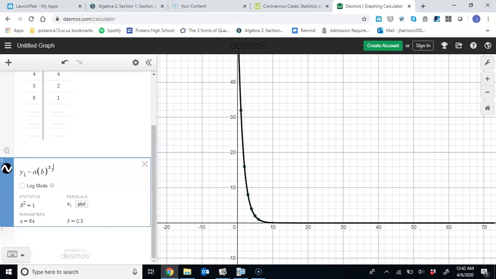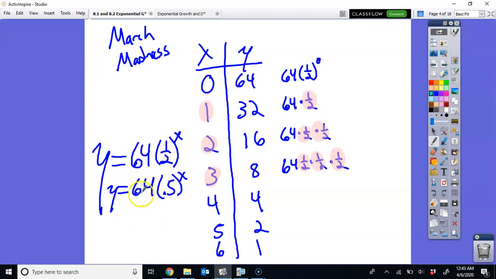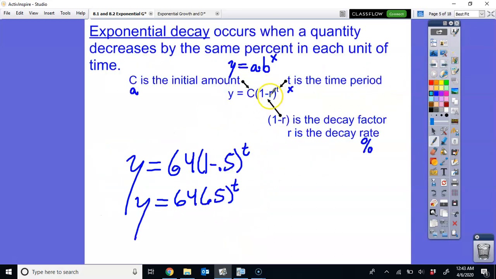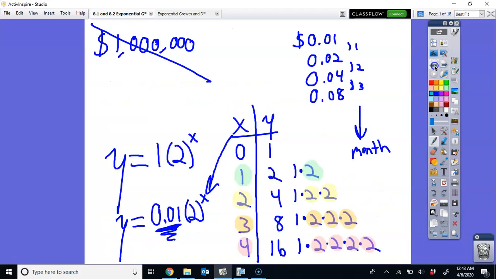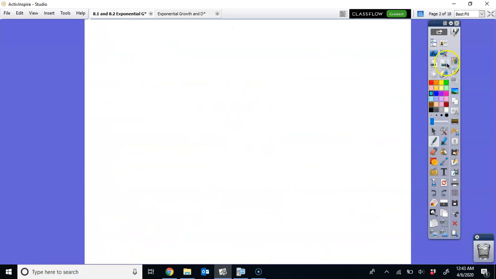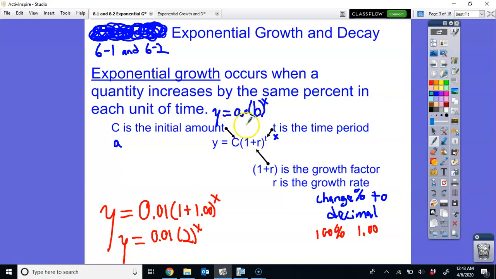And then that will give me my equation. Notice it gives me 64 for A, 0.5 for B. That is exactly what we found, 64 for A, 0.5 for B. And we found that by hand by knowing the percentage that it is actually decreasing by. You could also do the same thing if it was increasing by a percentage as well for exponential growth.